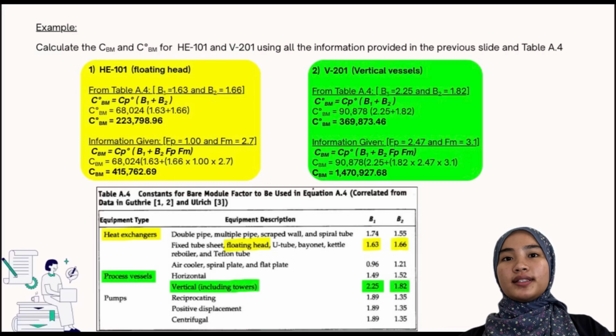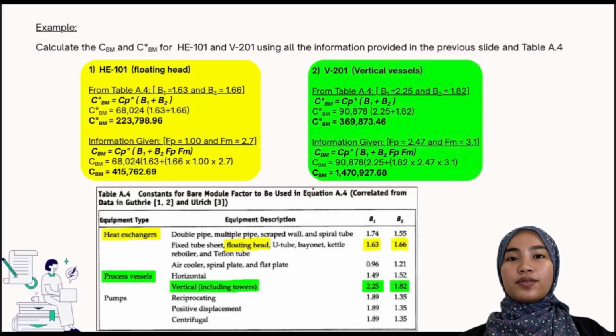Then we can insert these values into the formula for C0BM and CBM for each equipment. The values of CP0, FP and FM for each equipment were already obtained in the previous slide. If you don't understand where it comes from, you can watch that part again. Thus, for the heat exchanger, C0BM is 223,798.96 and CBM is 415,762.69.